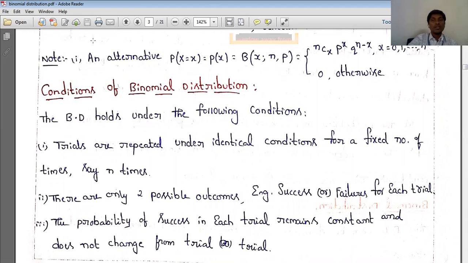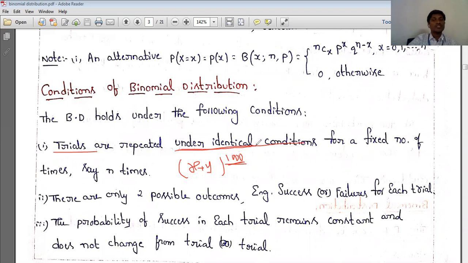The number of trials must be fixed, like 100 or 200 or 300. Suppose we are writing (x + y) to the power 1000, so the number of trials must be fixed, 1000 or 100 or a lakh. Further, trials are repeated under identical conditions; the conditions must be the same for a fixed number of trials.